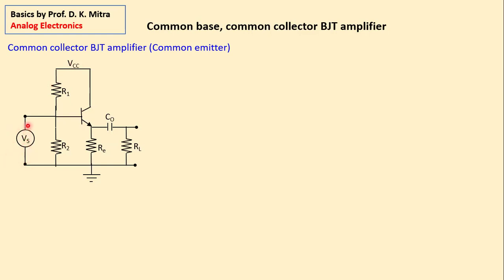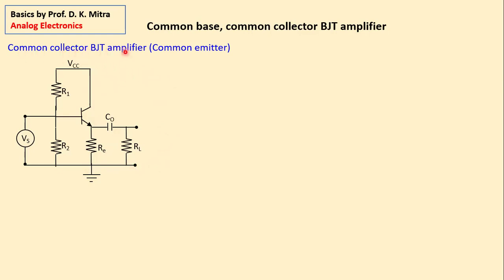So this AC signal from here, through this battery, will directly come back to the common. So many students ask me, how is it a common collector? Because the collector is here. But the signal current will go from here to VCC, the battery or power supply. Through that battery, it will come back to the common, because the other end of the battery is connected to common, which is not shown in this diagram.